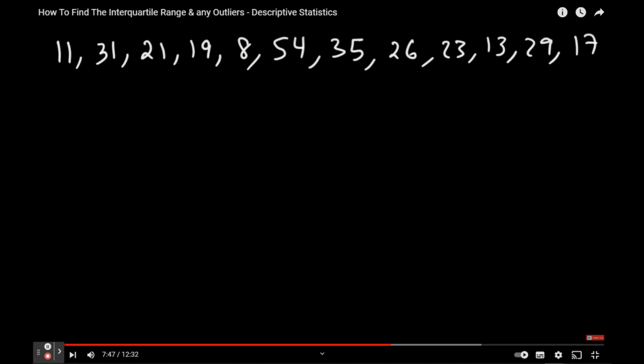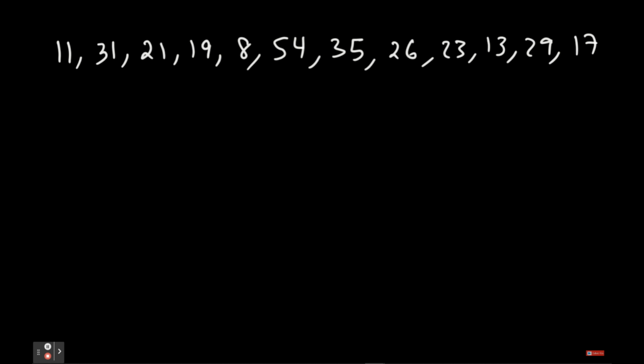Alright guys, give it a go. See if you can find the interquartile range. Press pause when you're done, press play. Calculate the interquartile range and determine if we have any outliers in our data set.